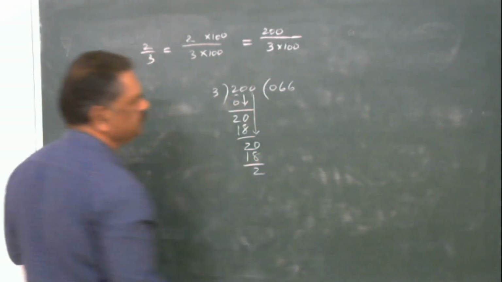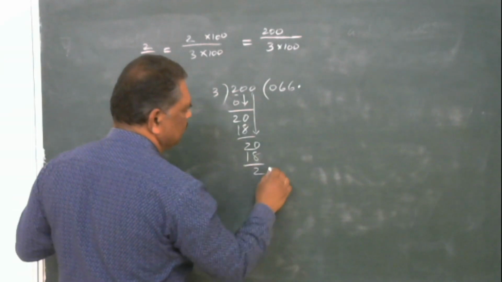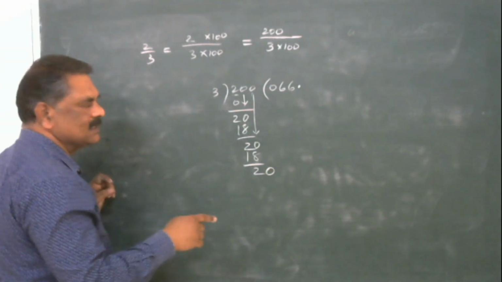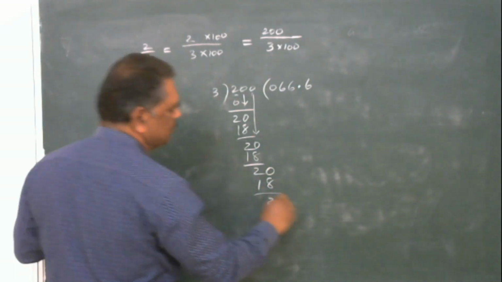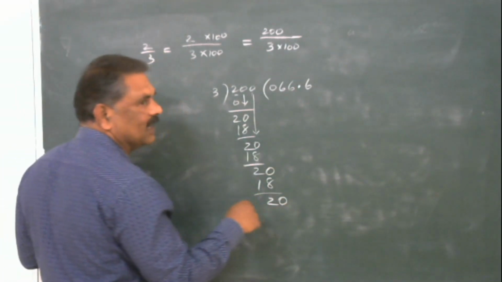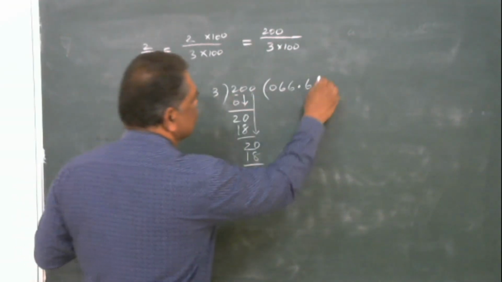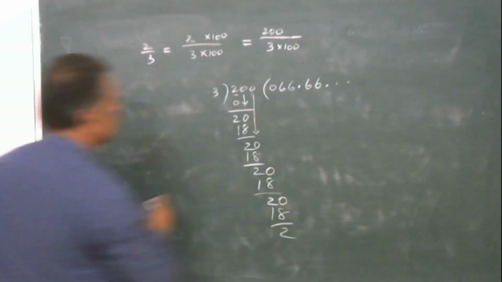Remaining is 2. And the 2 units is equivalent to 20 tenths. Again 6 threes are 18. Again 2. This 2 tenths is equivalent to 20 hundredths. So again 6, 18, and it goes on like this.